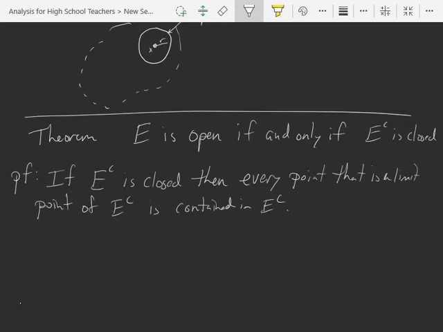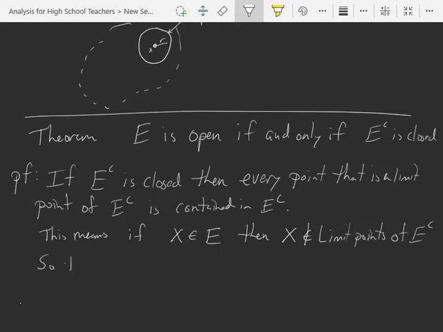Okay, so if I look at something that's not in E complement, it's definitely not a limit point. So this means if x is in E, which is everything that's not in E complement, then x is not one of the limit points of E complement, right?